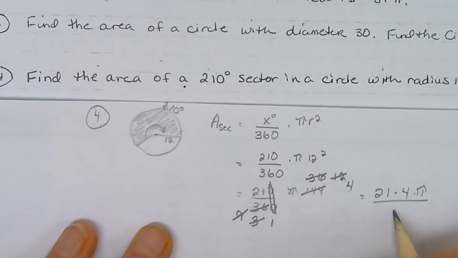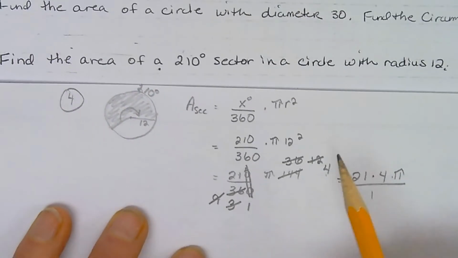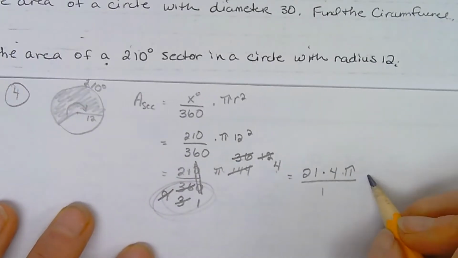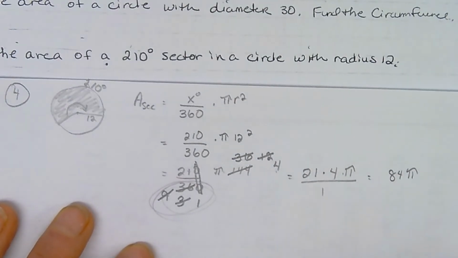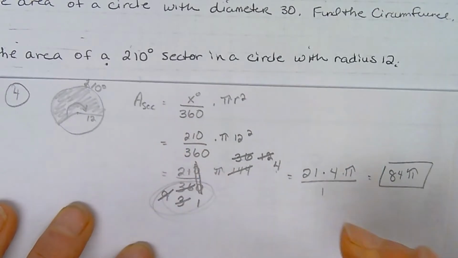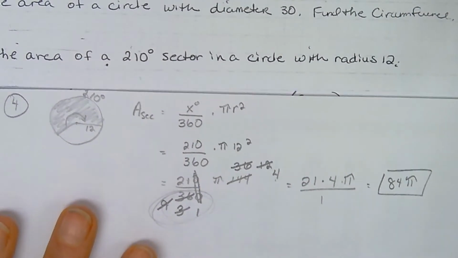So I don't even need to really include that, but I'll do it just to show you that this is still left as 1 down here. So 21 times 4 is 84, and we have pi, and then over 1 is just 84 pi. So the area of the sector with radius 12 and a 210-degree arc is 84 pi.